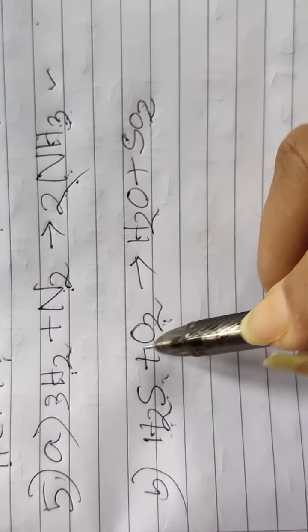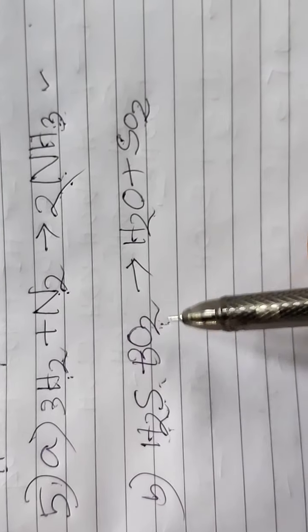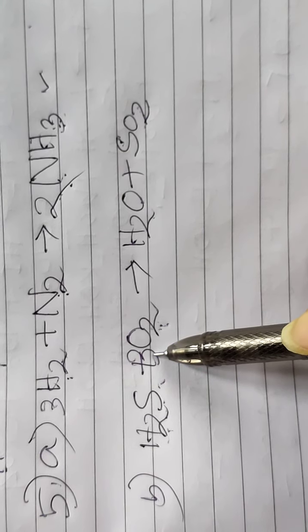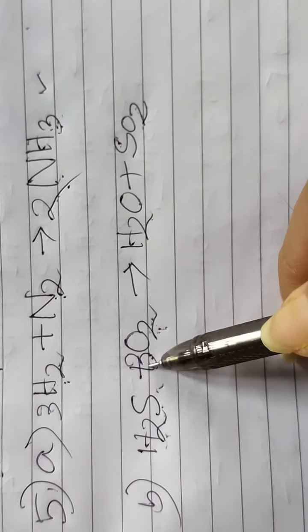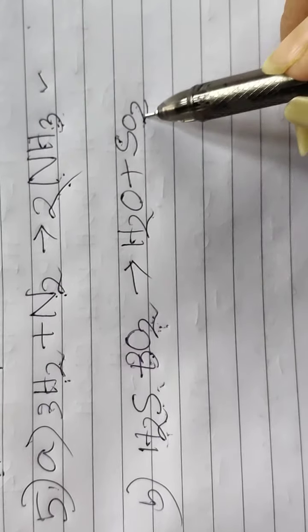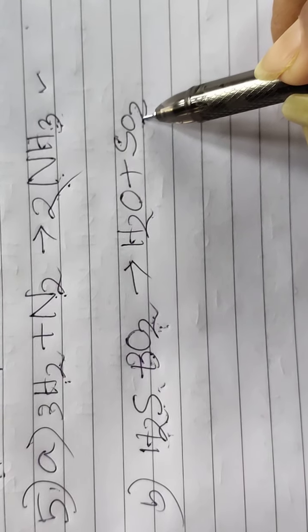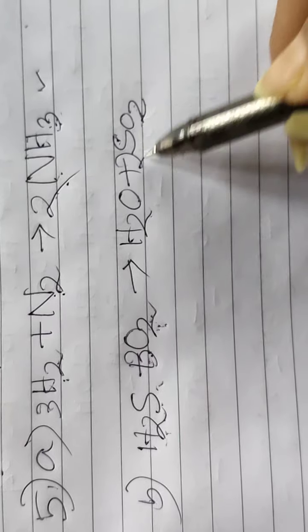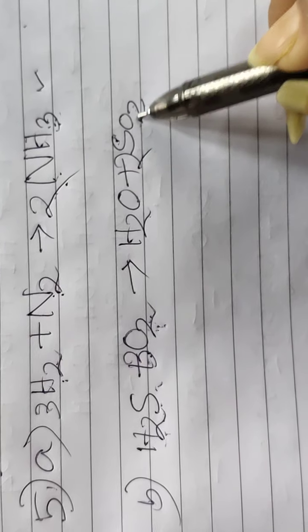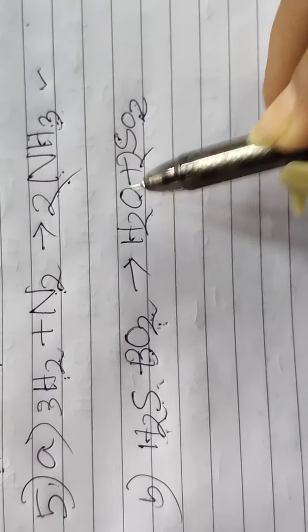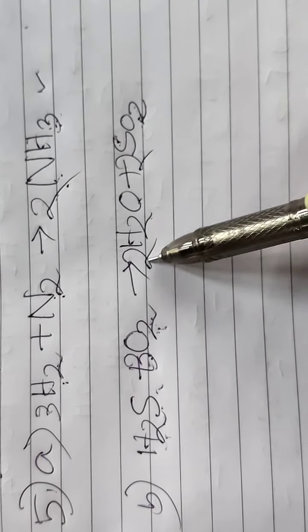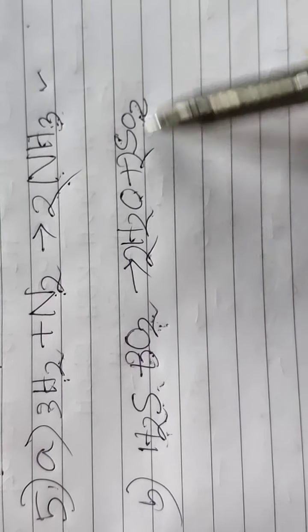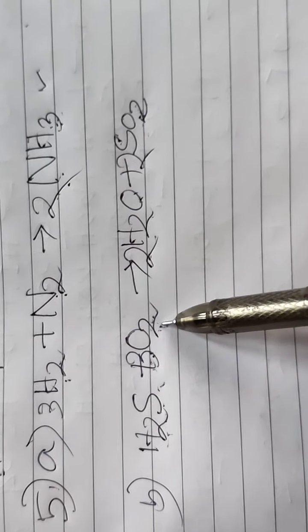So to have 6 atoms, we should place 3 here. Then oxygen becomes 6. Here 2, this is 2, so we will give 2 to get 4, and 4 plus 2 is 6. So we also give 2 to balance the oxygen. So you see 2 times 2 is 4, 4 plus 2 is 6, 3 times 2 is 6.